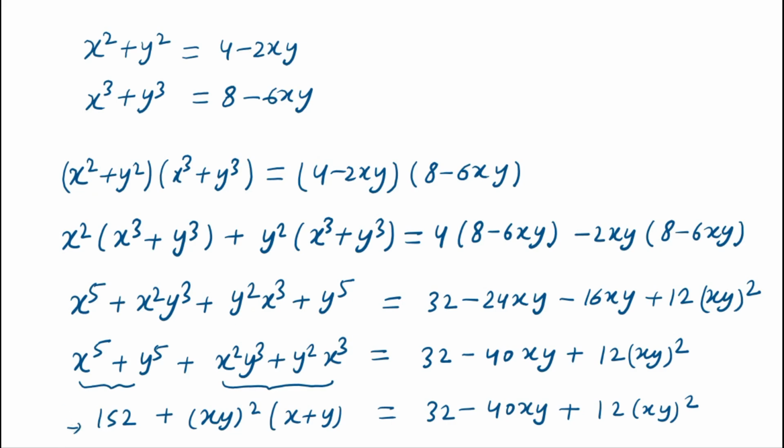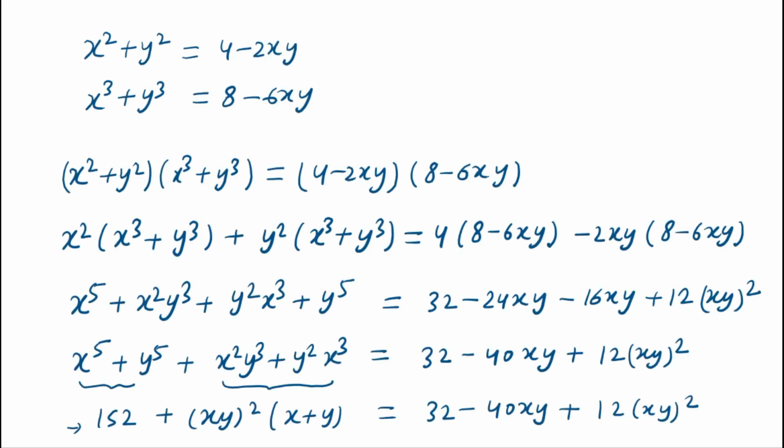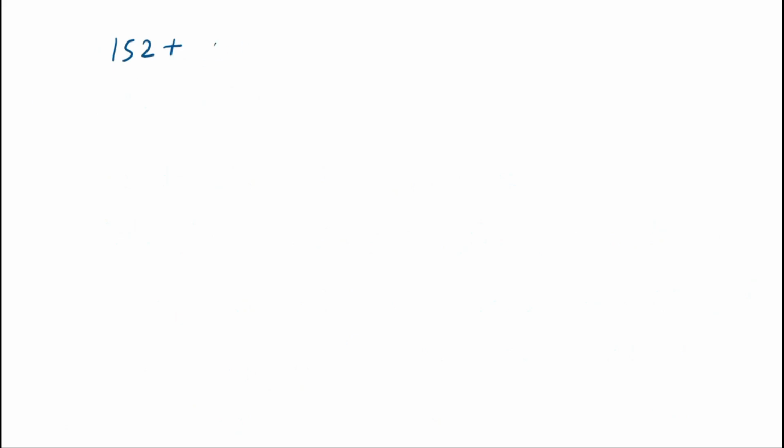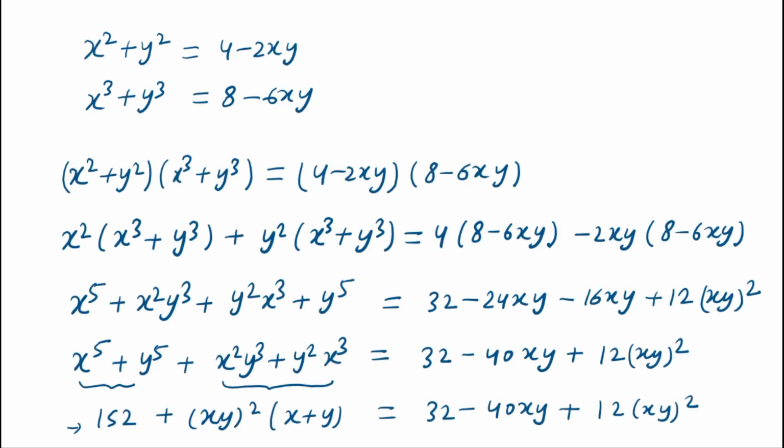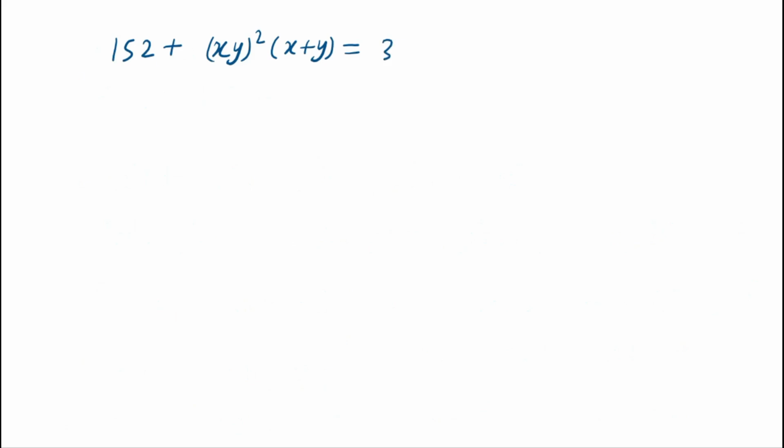On the left hand side, 152 plus xy whole square times x plus y equals 32 minus 40xy plus 12 xy whole square.